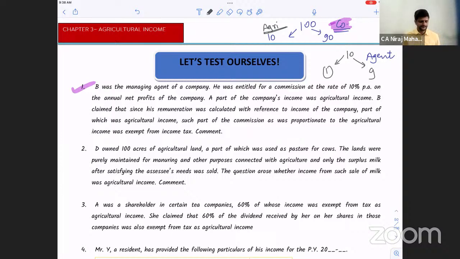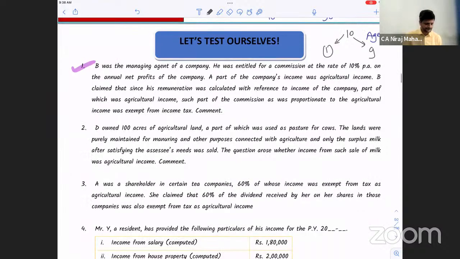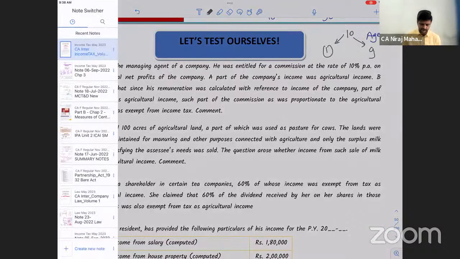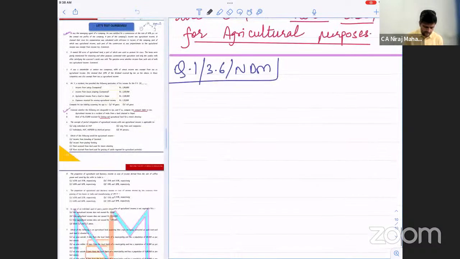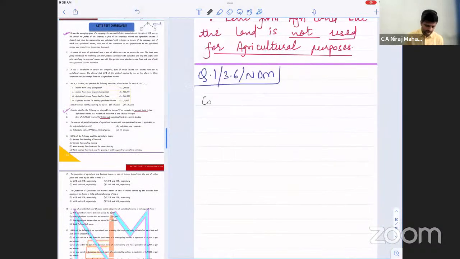We'll go ahead, everybody. Write it in a notebook. First point. Company and managing agent.